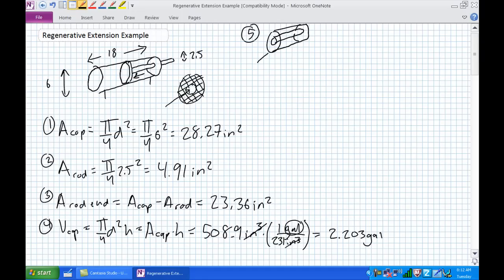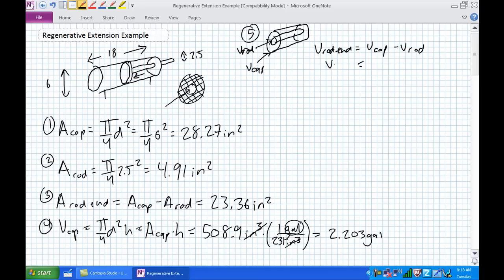So what we have to do is figure out basically the volume of the rod end. First off, volume of the cap, minus volume of the rod. This is the hard way to do it. So the volume rod end equals volume cap minus volume rod.